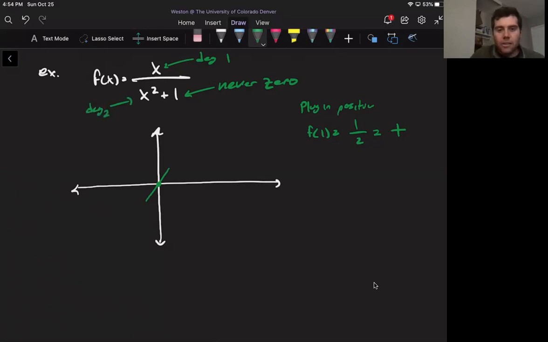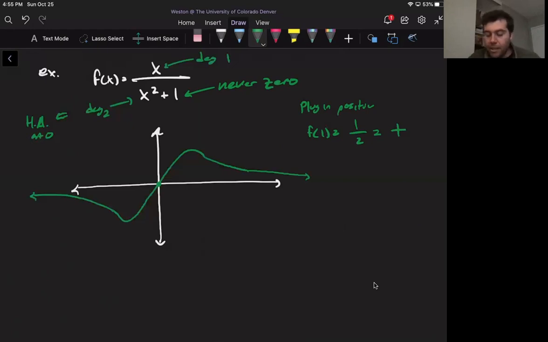Since 1 is smaller than 2, it's going to have a horizontal asymptote at 0. So it ends up looking like it shoots up and then comes right back down. Shoots up, and then it starts to approach 0. And that's what this function looks like.